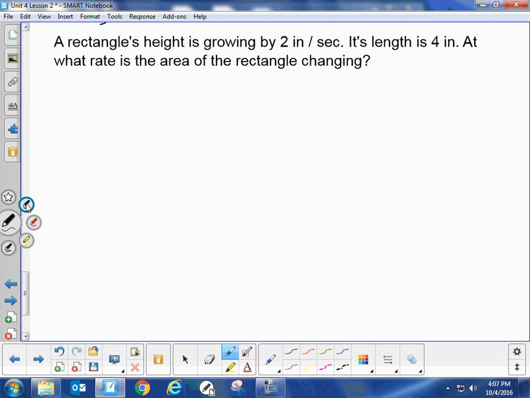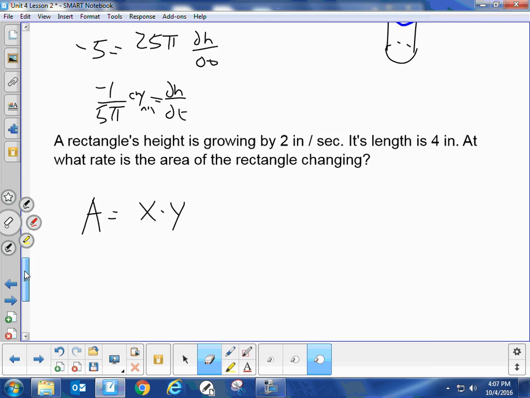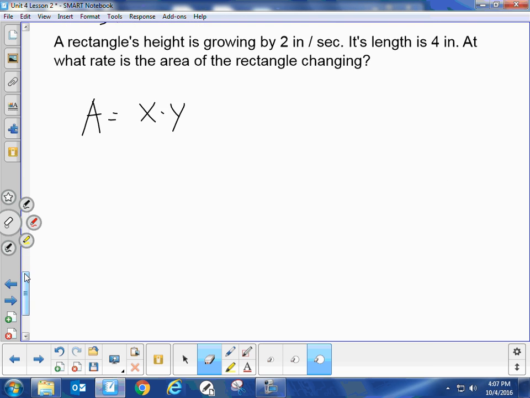We got the height is growing by 2 inches per second. The length is 4 inches. At what rate is the area of the rectangle changing? So area of a rectangle is base times height, or x times y. Why don't we go with x times y? A horizontal length times a vertical length. Its height, which we'll say is the dy/dt, is growing by 2 inches per second.